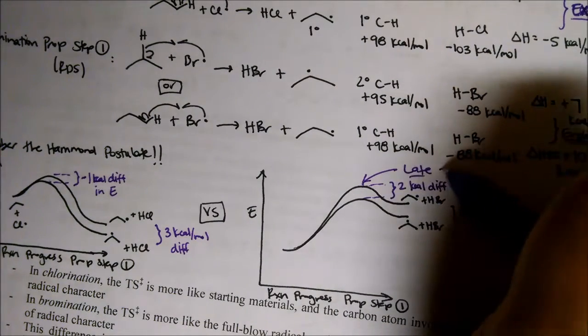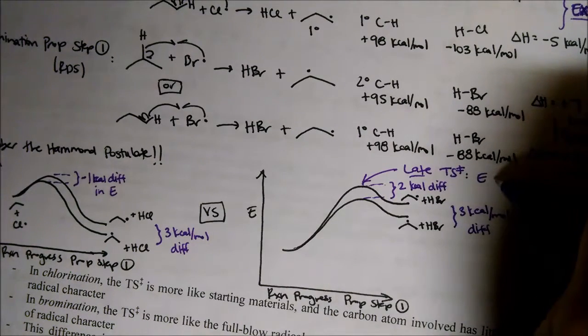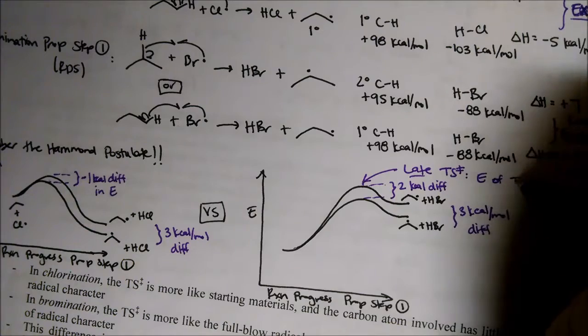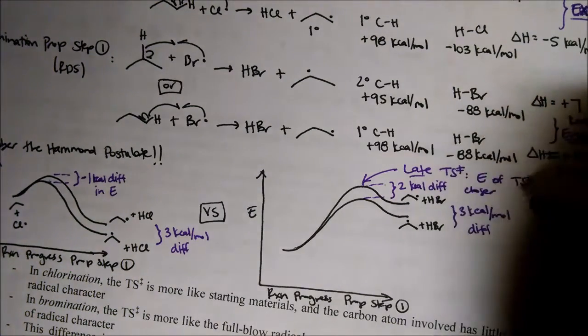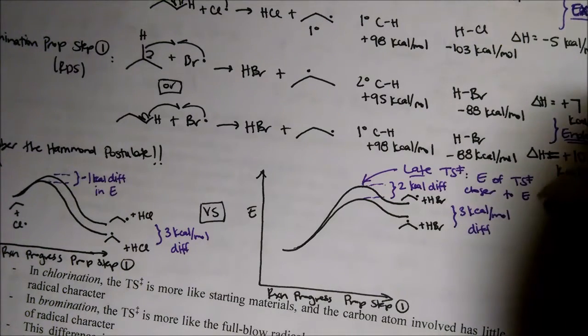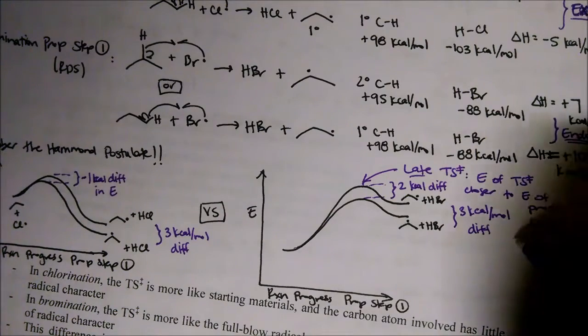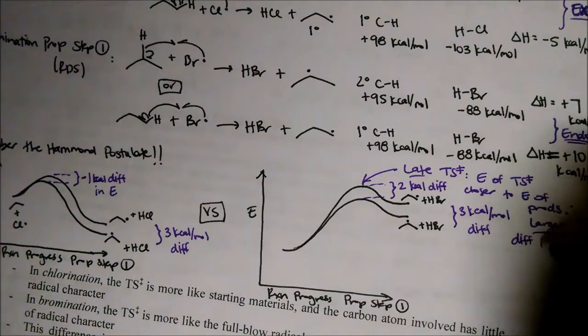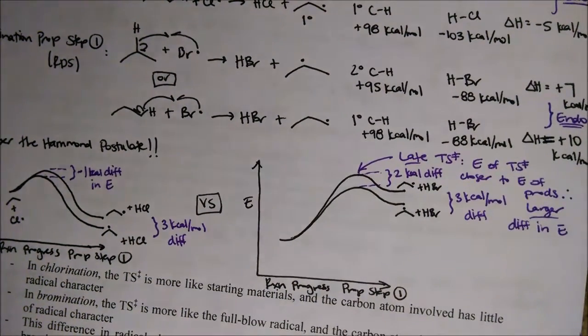The energy of the transition state is closer to the energy of the products, therefore there's a larger difference in energy. And it's this larger difference in energy that is the source of our selectivity.